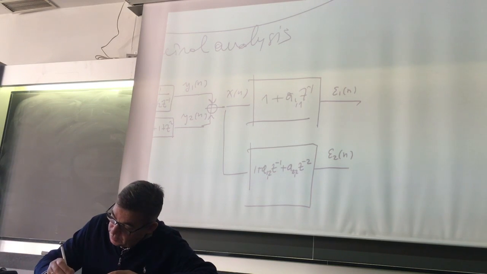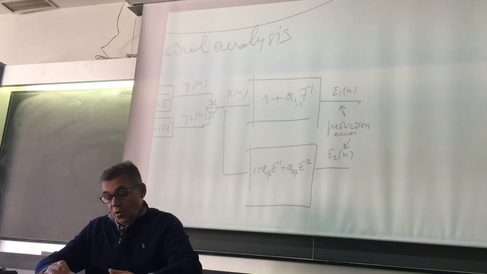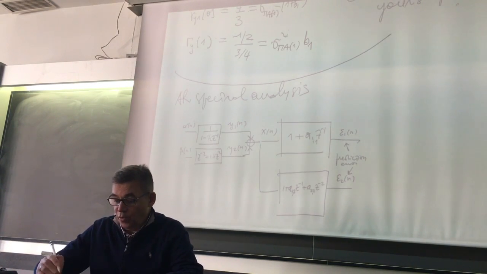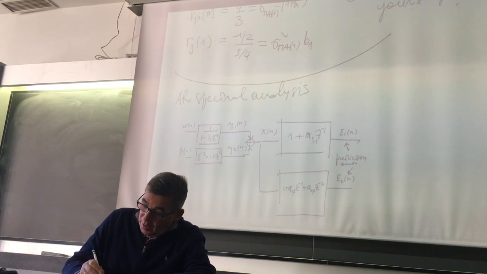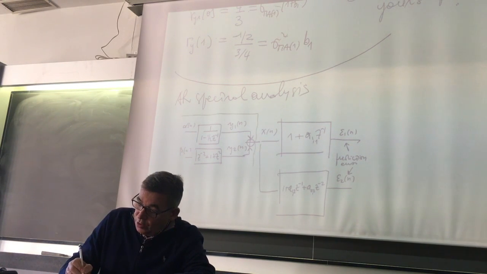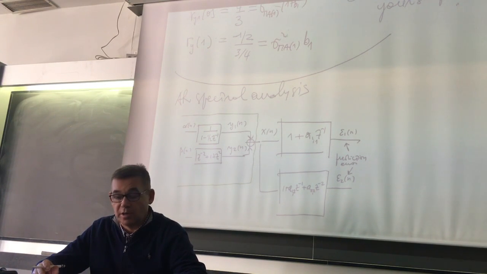Okay? And this is the prediction error. So what I need to do for autoregressive spectral analysis is the following. I assume that I don't know the mechanism by which it is generated.